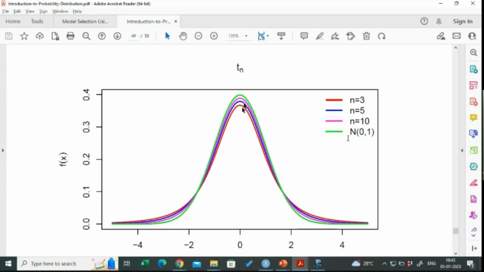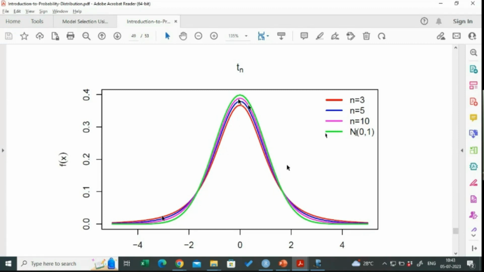So as the degrees of freedom increase, the probability distribution eventually converges to the normal distribution. If n is large, the t distribution curve is approximately equal to the normal distribution.